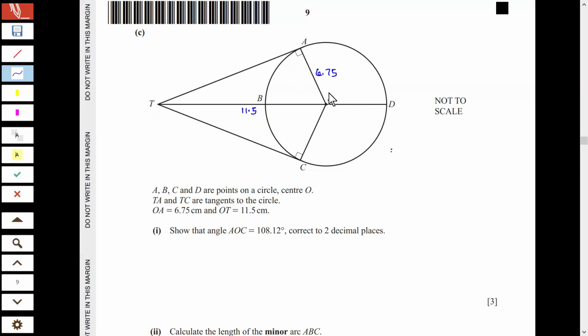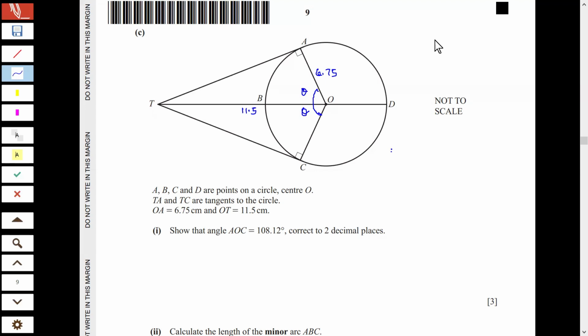It means the whole of the angle here is 108.12 degrees. If this were theta, we call this theta. The angles are the same. So we can actually find this angle knowing the lengths OA and OT.